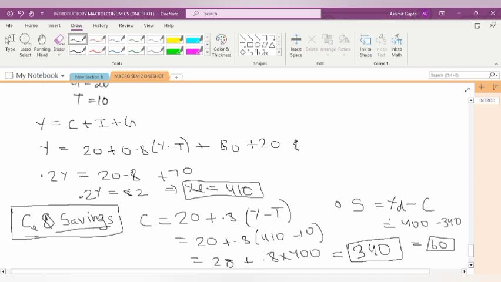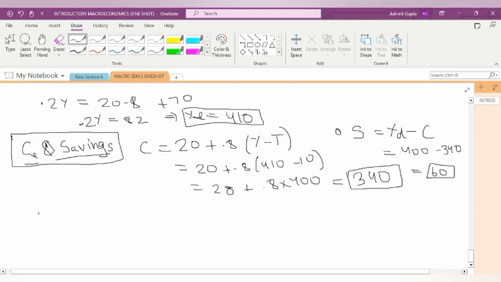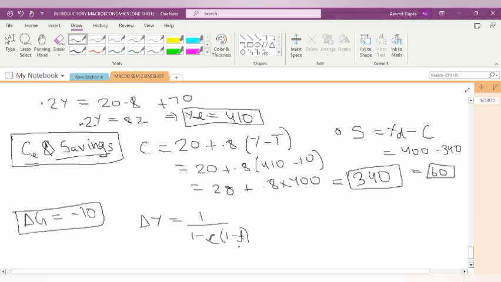Okay, so now suppose we have a change in government spending, a reduction of 10 units. What will be the change in the equilibrium level of income? We will use the multiplier concept, as we know that delta Y equals 1 upon 1 minus c, times delta G. We are not using 1 minus t since we have lump sum taxes, so t equals 0 here.